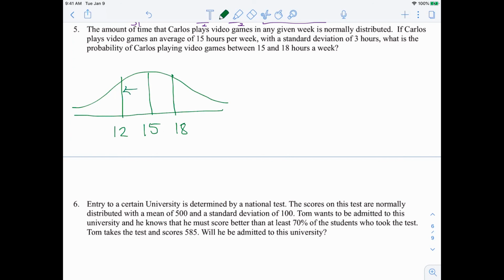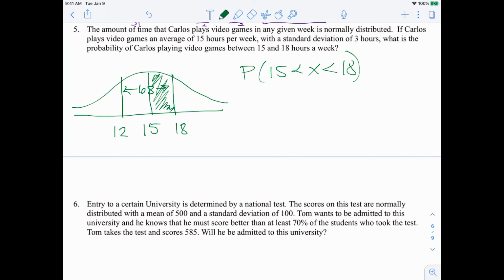I know that within 1 standard deviation is 68%. And the reason why I stopped is because I'm looking for the probability that Carlos plays in between 15 and 18 hours a week. So I'm really looking for this area right here. And I already have my values, so I don't really need to keep going. Now, again, within 1 standard deviation is 68%.